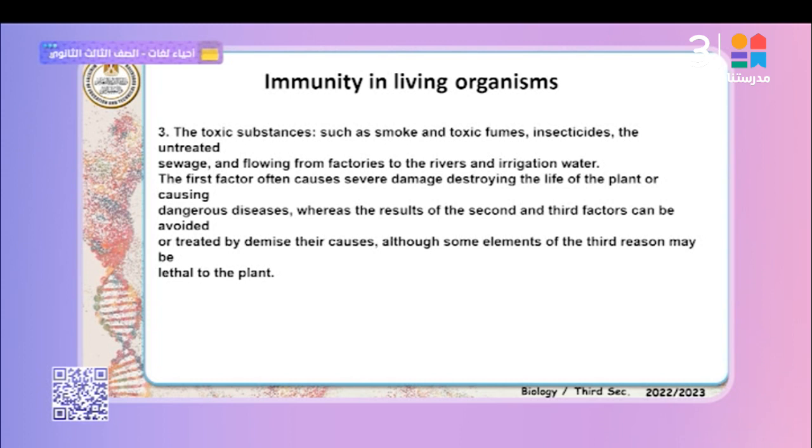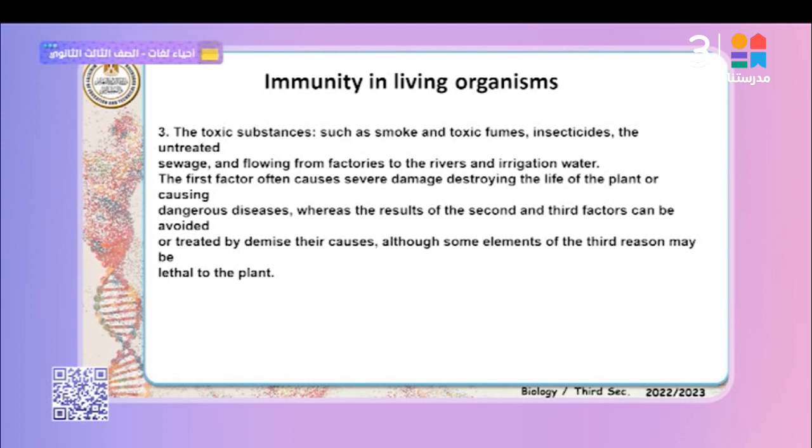The first factor often causes severe damage, destroying the life of the plant or causing dangerous disease, whereas the results of the second and third factors can be avoided or treated by minimizing their causes.